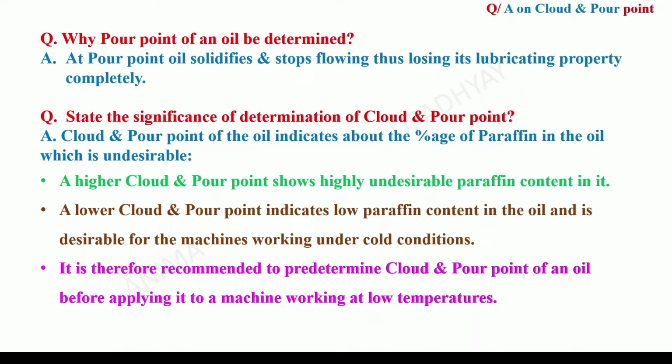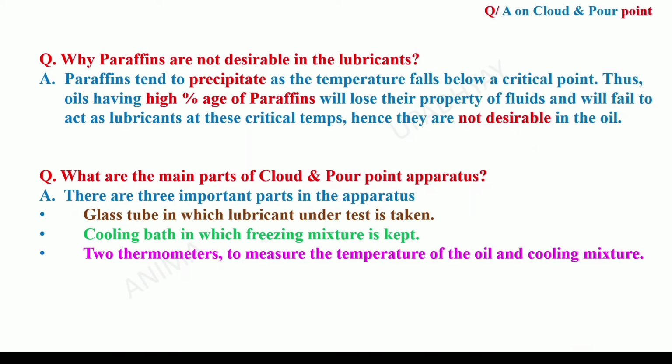A lower cloud and pour point indicates low paraffin content in the oil, and this is desirable for machines working under cold conditions. Therefore, it is recommended to predetermine cloud and pour point of an oil before applying it to a machine working at low temperatures.